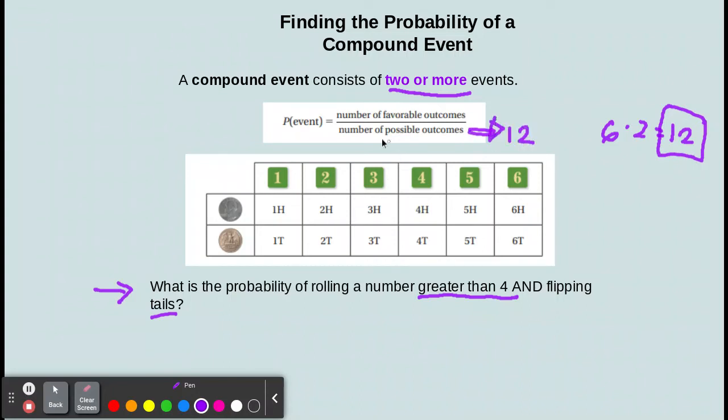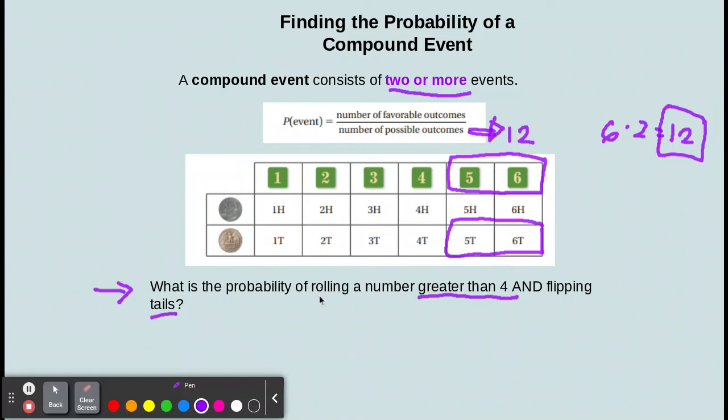But now we need to know the number of favorable outcomes. So what is the probability of rolling a number greater than 4 and flipping tails? How many total do we have for that?